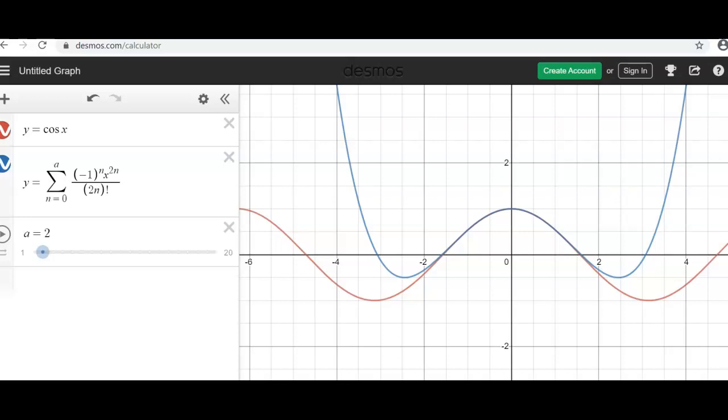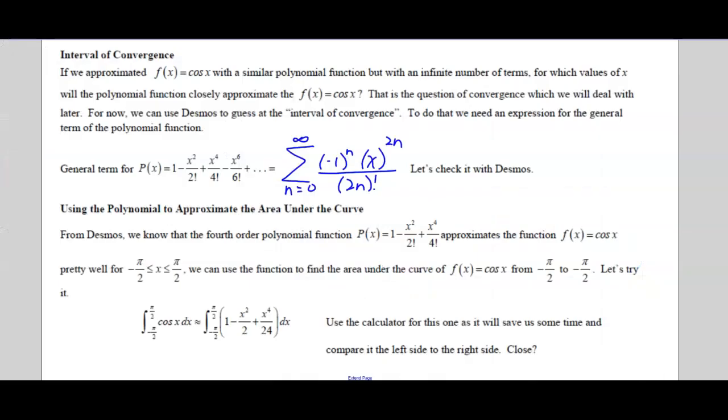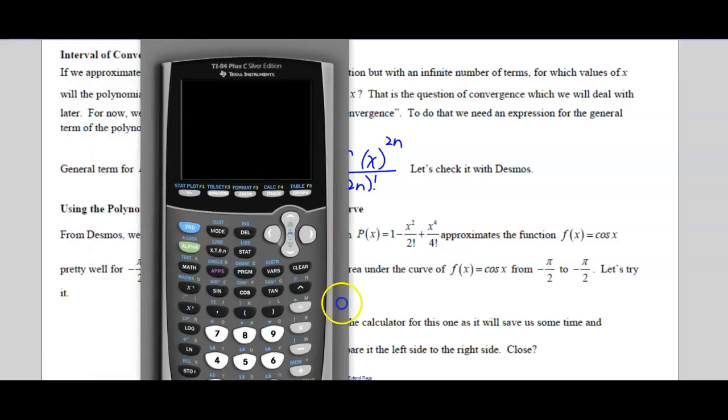So now, if we wanted to find the area under the curve for when x goes between negative pi over 2 and positive pi over 2, that would be another way of determining that it is a good approximation. For this, I'm just going to use my graphing calculator.